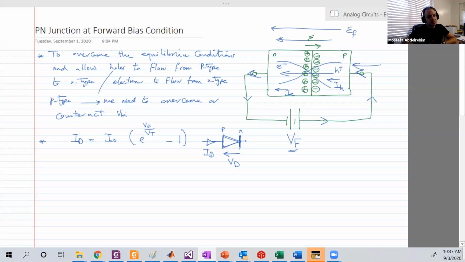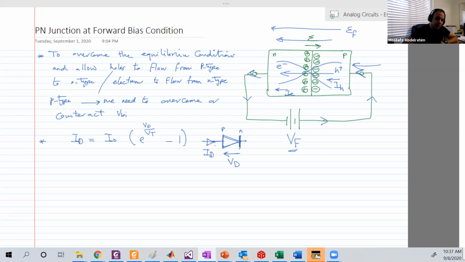For any element except the battery, the voltage and the current are opposite. We know how the current flows. So the voltage drop, VD, across any diode has a direction from N to P. But the current can only flow from P to N, except in one condition that I will show you maybe in 10 minutes.